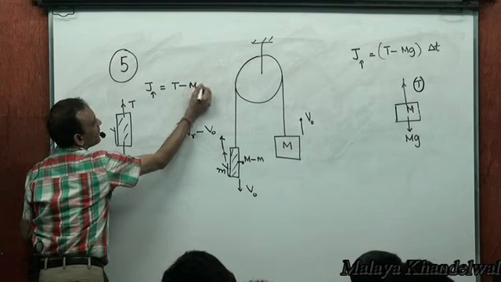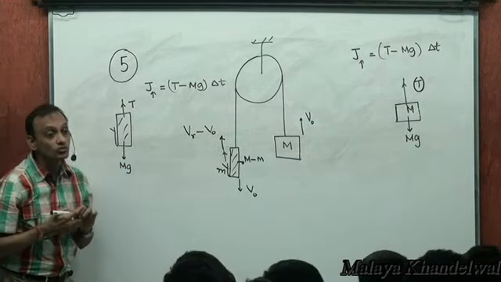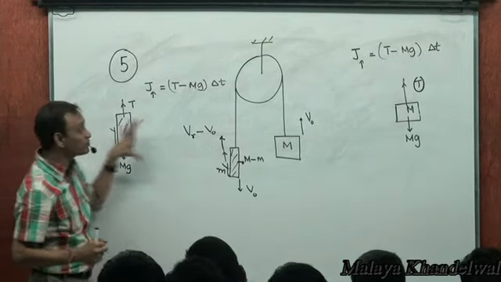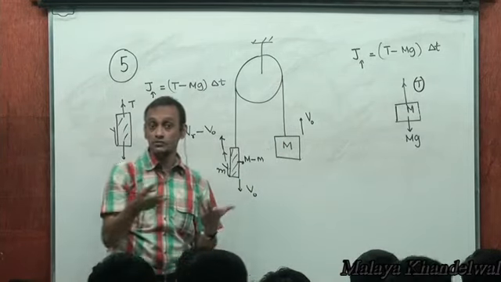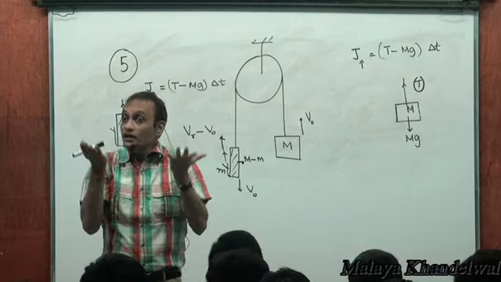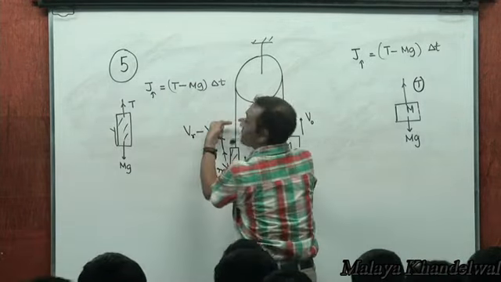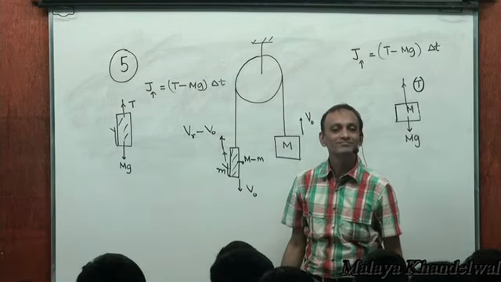T minus mg into delta t is the vertical impulse acting on this. Yes or no? That means the vertical impulse acting on the unit to the left must be the same as the vertical impulse acting on the unit to the right. That means the gain in linear momentum of this must be the same as the gain in linear momentum of this.